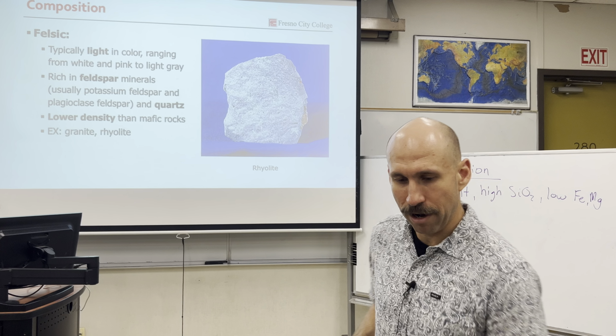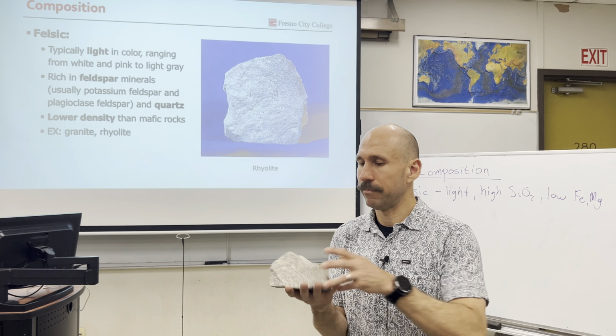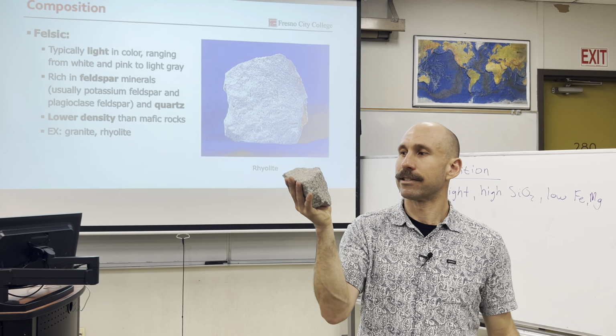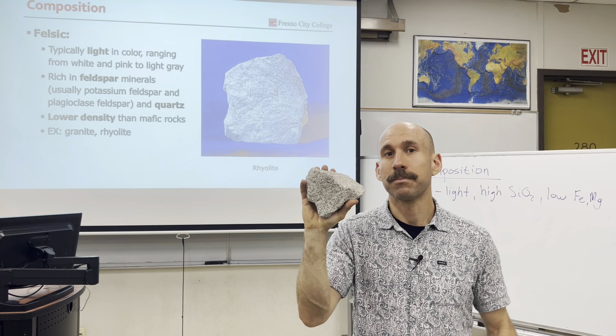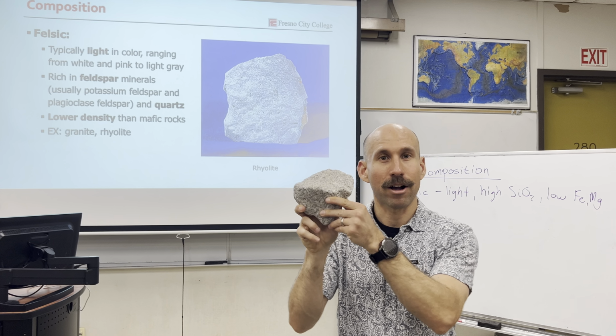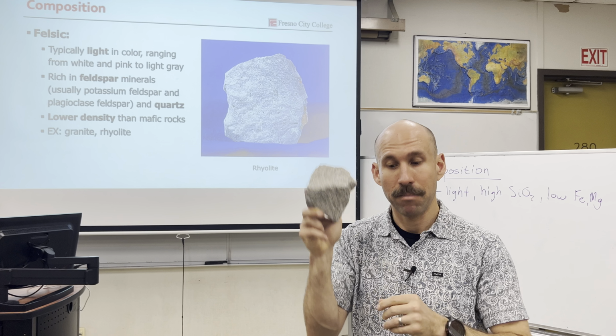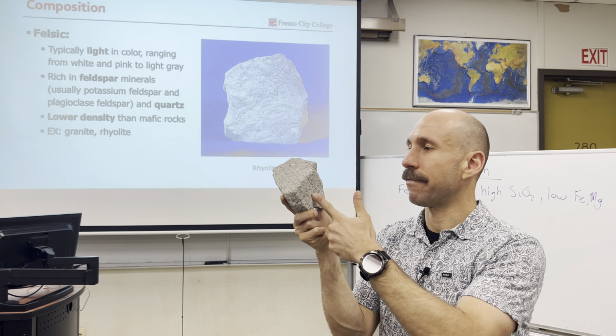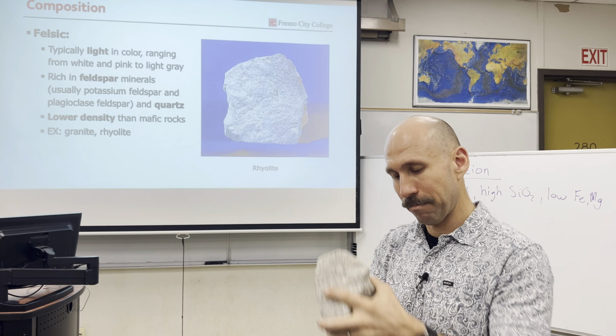A very light rock would be granite. Granite has a lot of quartz, a lot of feldspar, silicate minerals that have the silicon oxygen tetrahedra. Awesome. Pick up this rock, see that it's light in color, identify it as felsic.